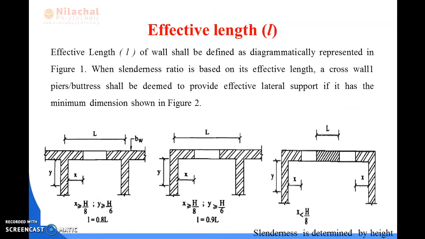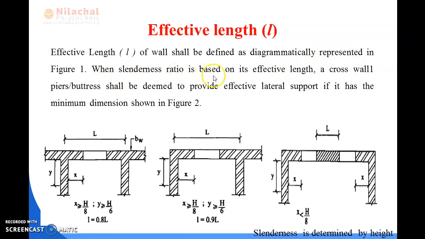Now comes the next factor, that is effective length. Effective length is denoted as small l, and for these walls it shall be defined as diagrammatically represented in figure 1.